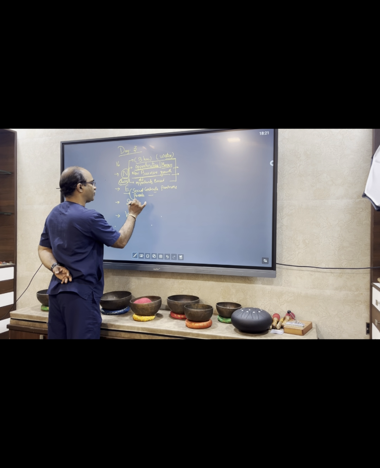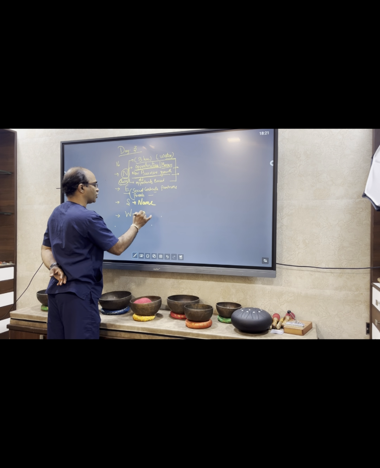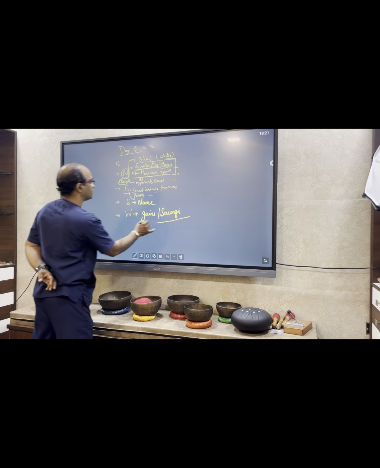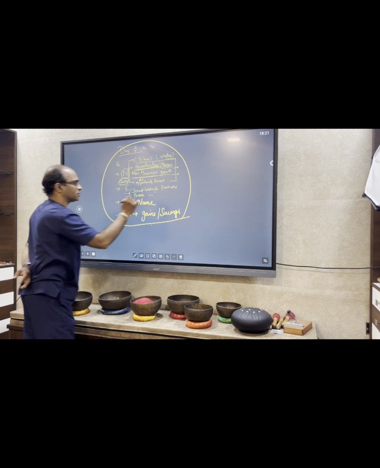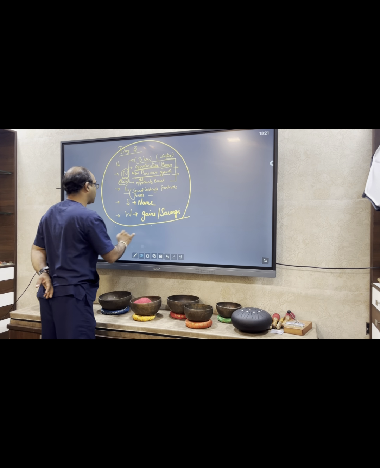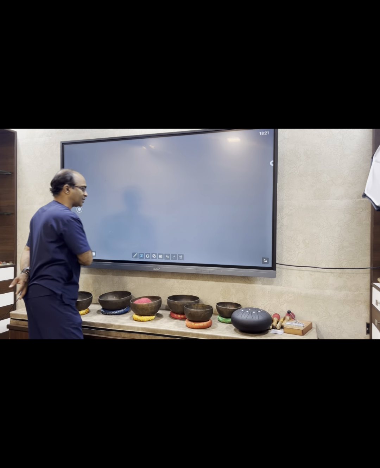So south was for name and fame, and west was for your gains and savings. Got it? So these are the four major elements. Chalo, we'll shift to the next major elements.